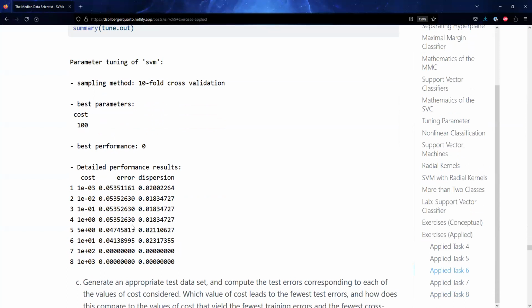Thus, on one hand, you want to, of course, get the lowest misclassification error, but to avoid overfitting, to avoid variance later, we have this secondary column called dispersion, and you're hoping for the lowest here.